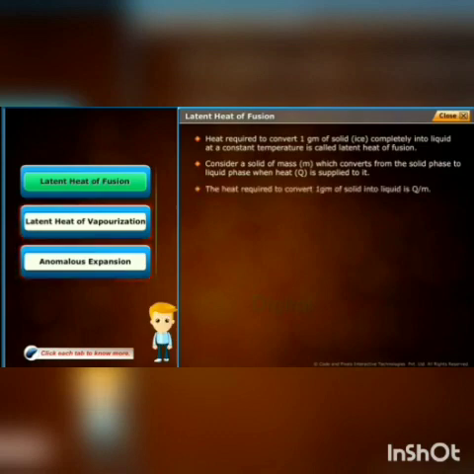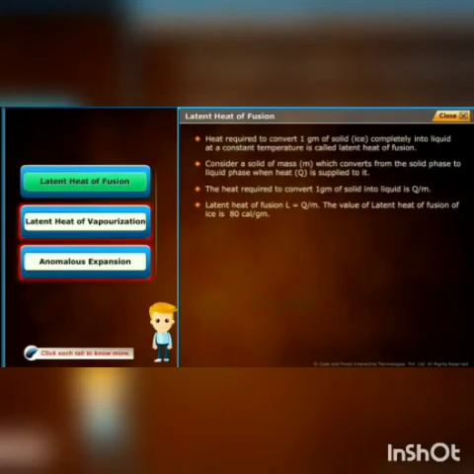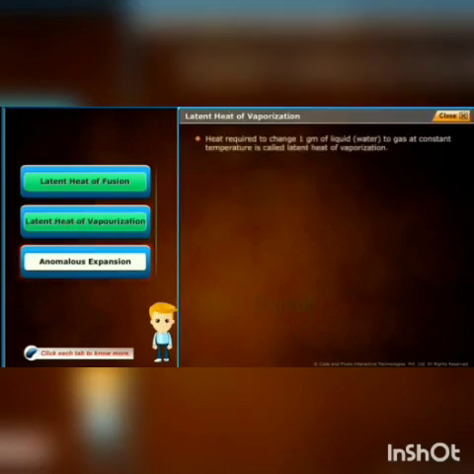Consider a solid of mass m which converts from solid phase to liquid phase when heat Q is supplied to it. The heat required to convert 1 gram of solid into liquid is Q by m. Latent heat of fusion L equals Q by m. The value of the latent heat of fusion of ice is 80 calorie per gram.